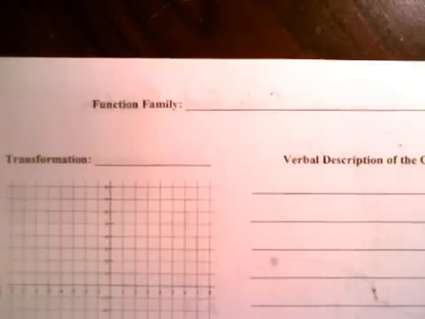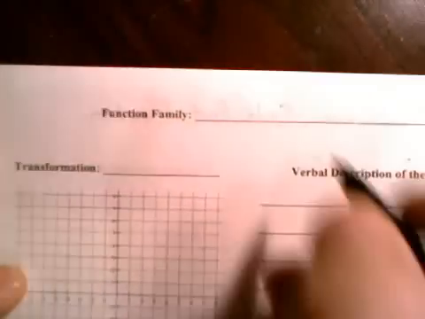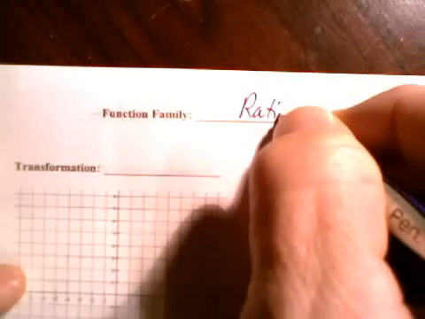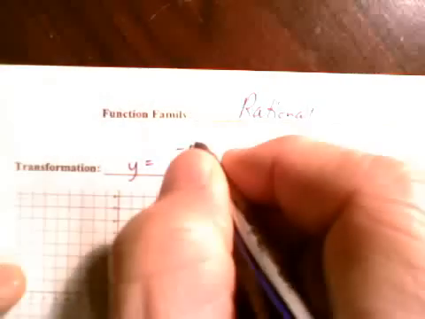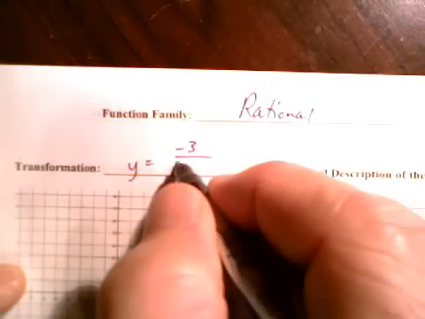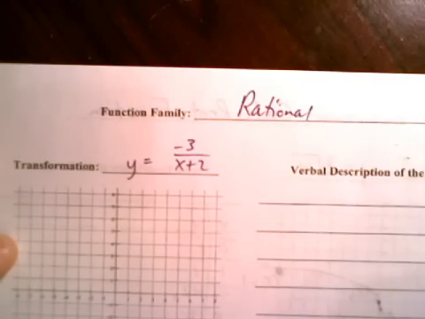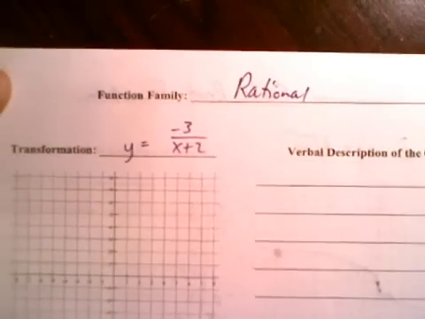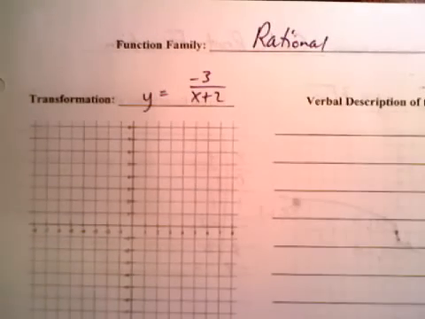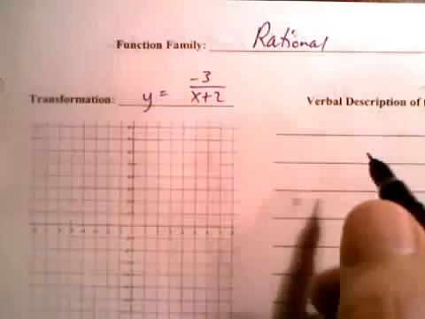Now let's go ahead and have you pause the video after I show you what the transformation is. Again, this is rational, and the transformation is y equals negative 3 over x plus 2. Well, the negative 3, that constant in the numerator, isn't really going to change anything other than, let's just plot some points.